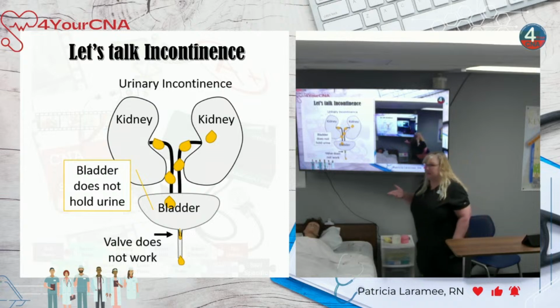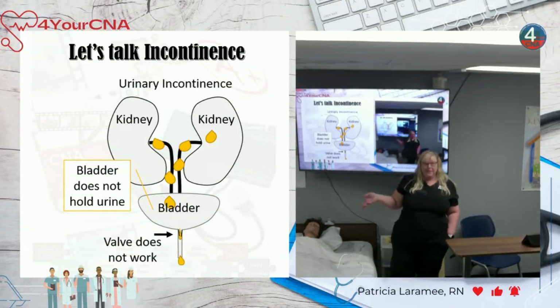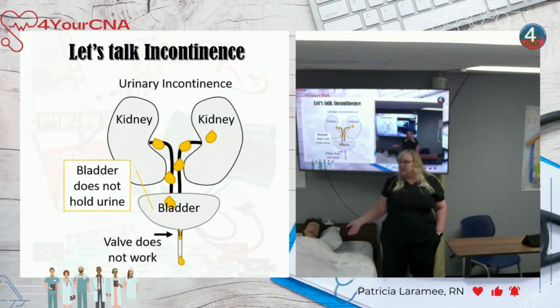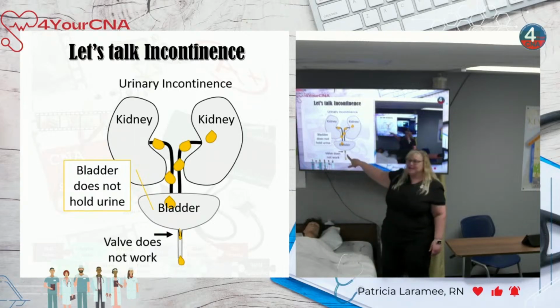But the good news is this valve is a muscle. Now, what happens if I all of a sudden picked up a barbell and started doing bicep curls on a consistent basis? All of this arm flab would probably strengthen up, wouldn't it? Because I'm exercising a muscle. This is a muscle.